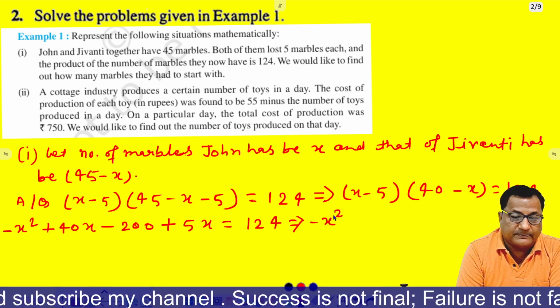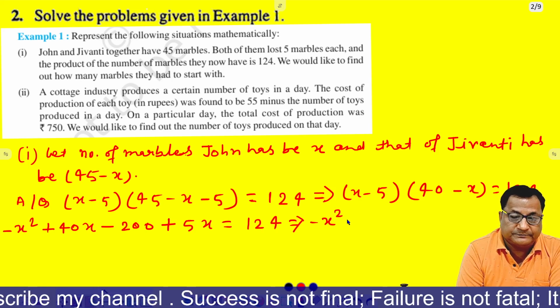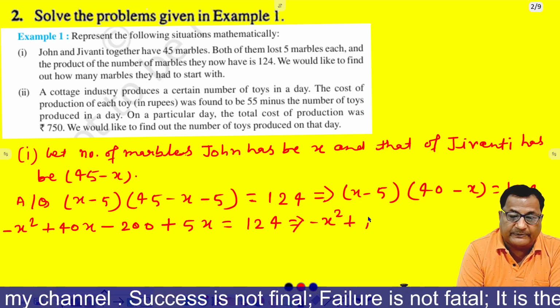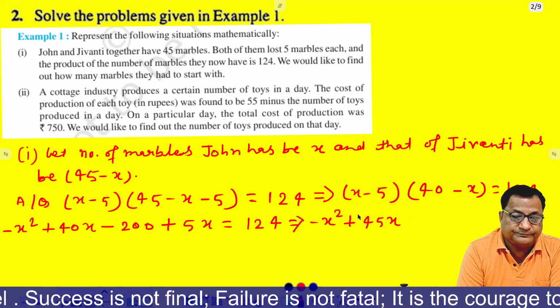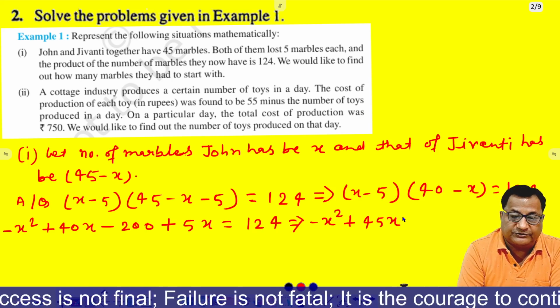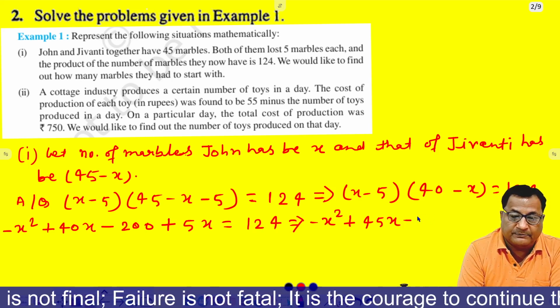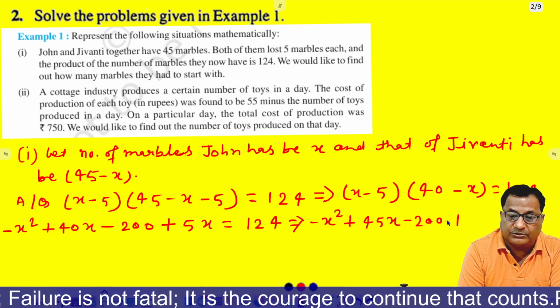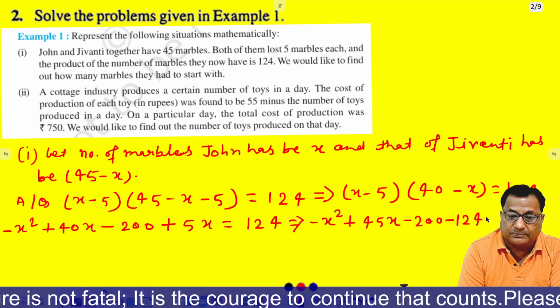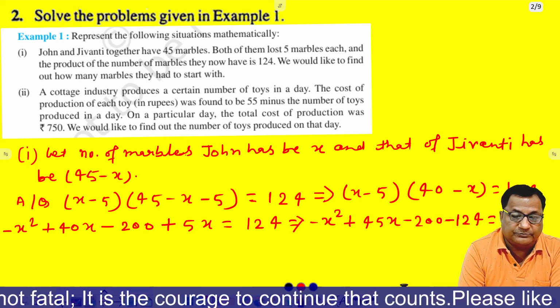Minus x square plus 45x, and this will come to this side, so this will be minus 200 and minus 124 equal to 0.